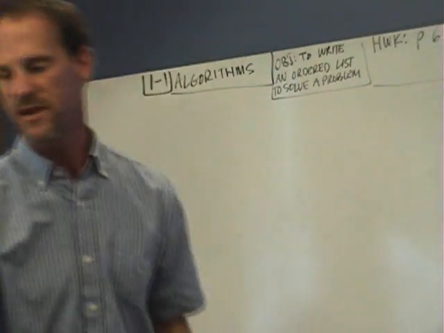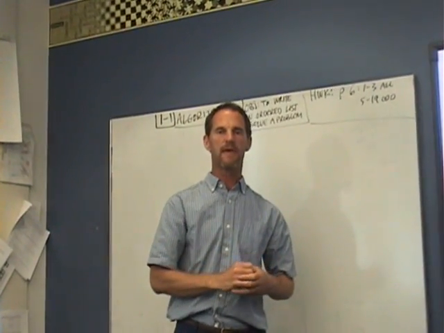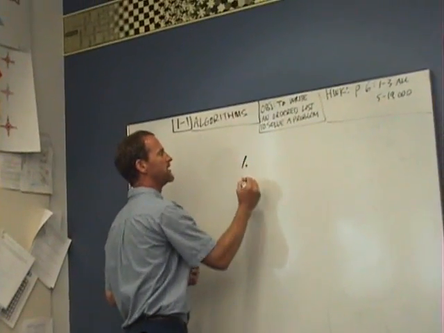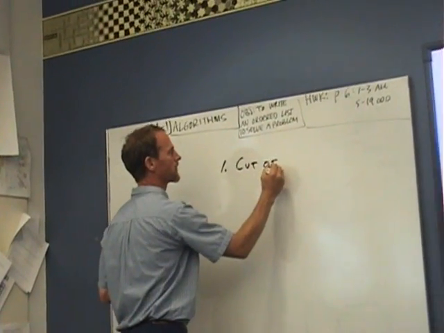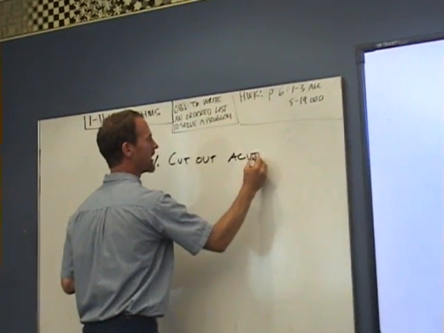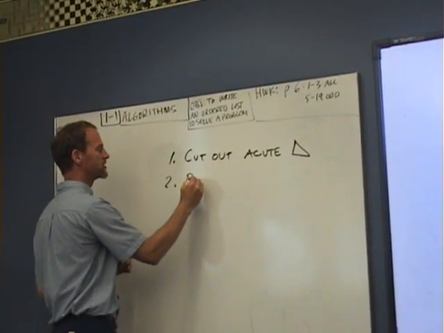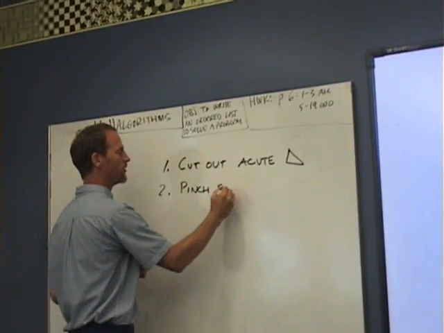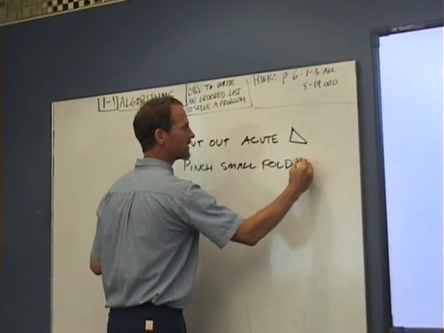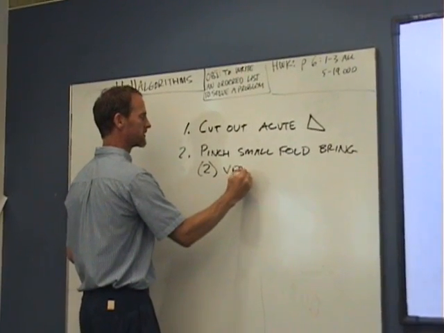Now we're doing this, if you read in problem 4, they want you to write down those lists of steps to do. And if we were to write that down, we'd say that maybe step 1 is to cut out triangle. Cut out, this is where acute triangle, if I'm doing it that way first. And step 2 would be to pinch, small fold, bringing 2 vertices together.